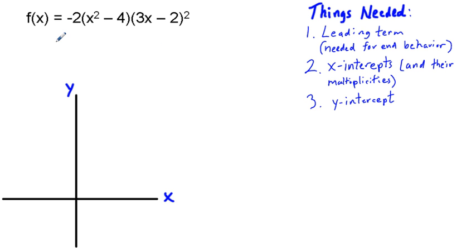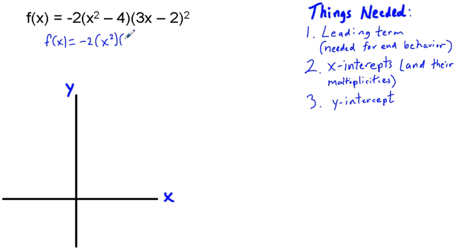So first of all, in establishing the leading term, what we're going to do is multiply all these x's together. And to do that, we're going to have -2 times, we have x squared from this first expression.